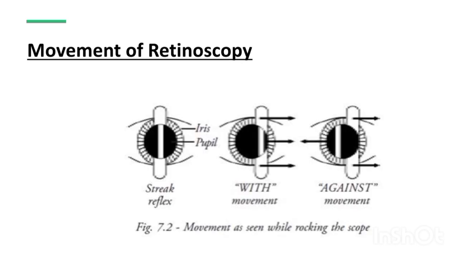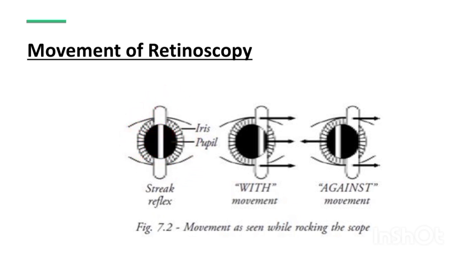When you switch on the retinoscope, it focuses on the patient's eye, and you see through the peephole of the retinoscope. First you should understand two words: what is intercept and what is reflex of the retinoscope. When you switch on the retinoscope, the light falls on the patient's eye. There is the iris and there is the pupil.